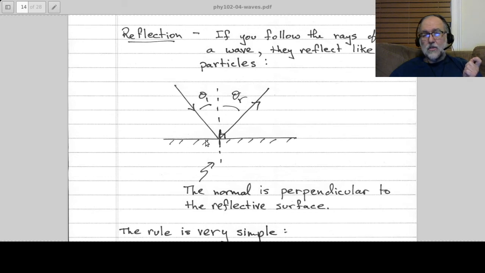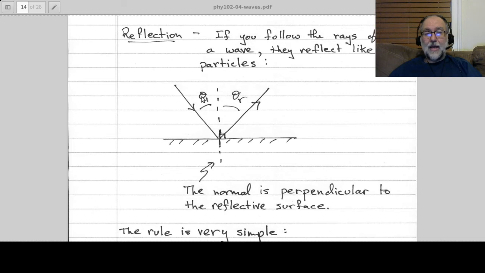So here's the interface, here's water, and here's the surface that the waves cannot penetrate. They'll have to bounce off of it. This dashed line is perpendicular to that interface, where they bounce, and this dashed line is known as a normal, just like the normal force last semester. It's perpendicular to the surface.